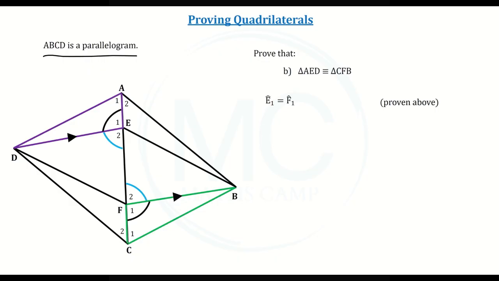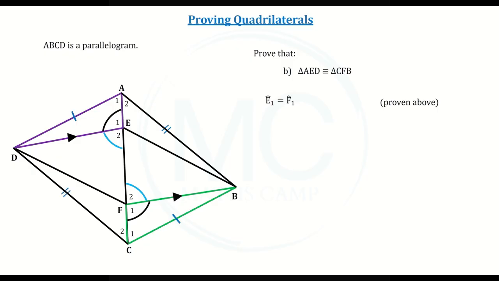This means that AD is the same length as CB. So let's put a small blue line on AD and a small blue line on CB. We also know that AB is the same length as DC. So let's put two small blue lines on AB and two small blue lines on DC to show that they are equal as well.